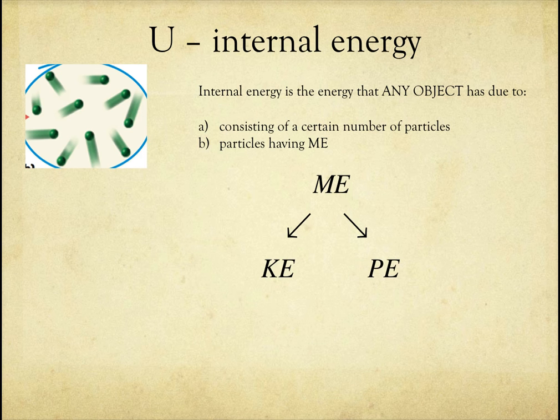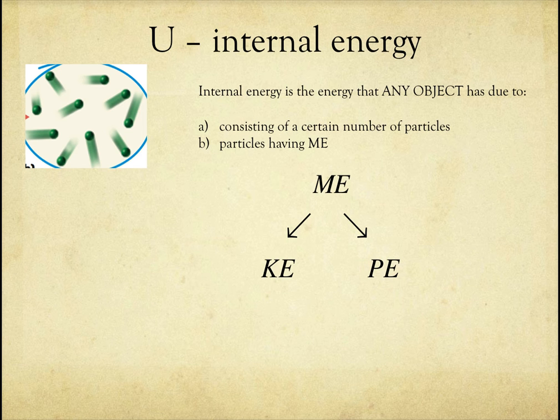So for example, if I have 2 cups of water, let's say 25 grams of water in each, if one of them is hotter than the other, that means that the molecules are moving faster. Both of them are 25 grams, which means that the number of particles is essentially the same.